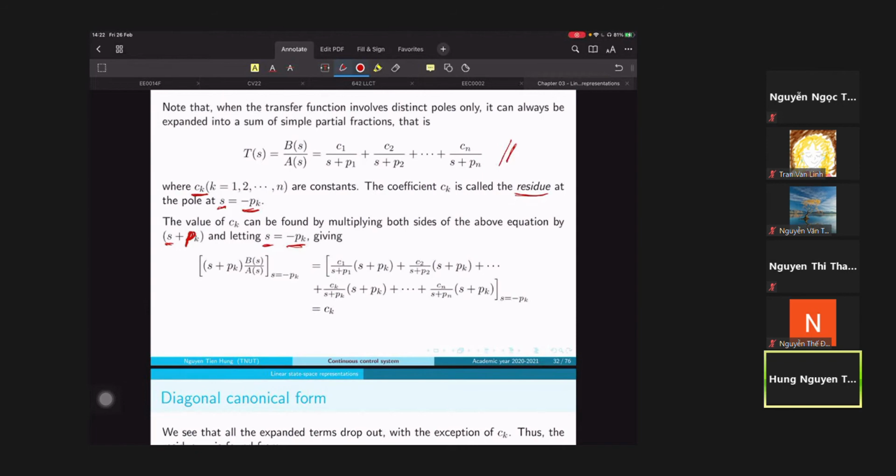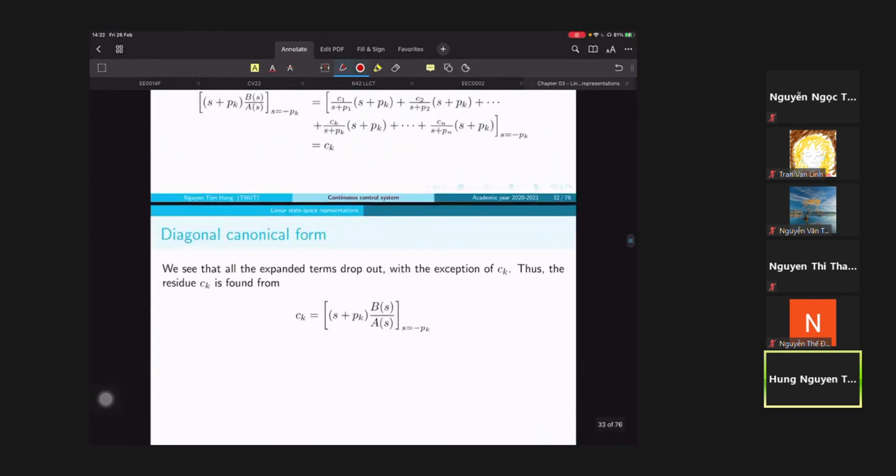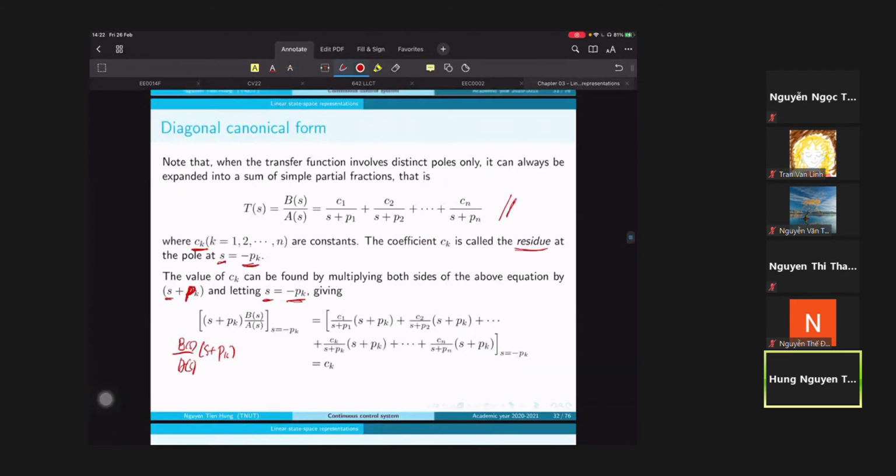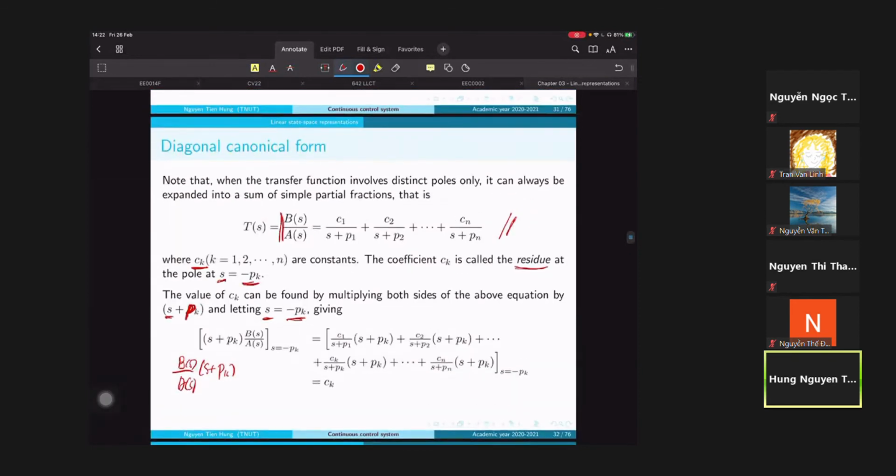now we have the previous equation B(s) over A(s), and we multiply by (s plus pk) and see what happens. We assume that we represent B(s) over A(s) by this form.